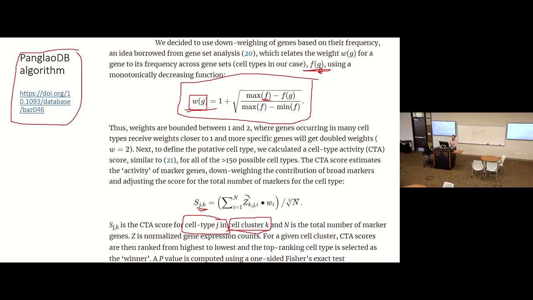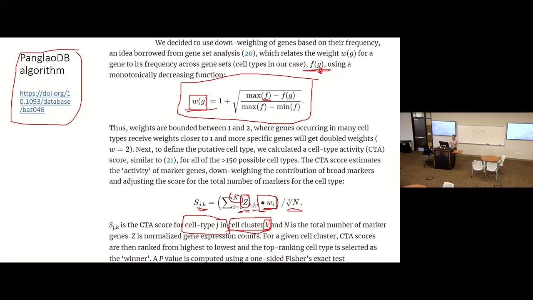That's the value Z. Z means the average expression of all the cells in cluster K, of the N marker genes for cell type J. I take the average, also weighted by each marker's weight.